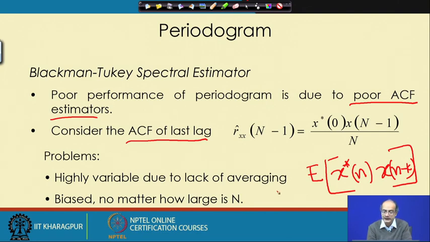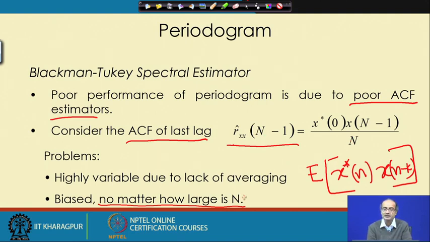And unfortunately, this is going to be there no matter how large n is. The only thing that will change is the lag at which it occurs. If n was 10 initially, we would get the maximum variance at the 10th lag.